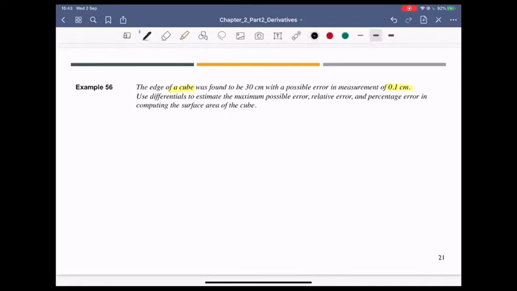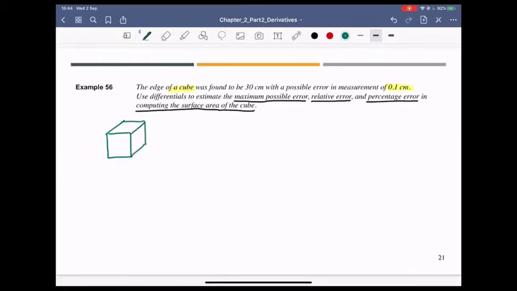We want to use differentials to estimate the maximum possible error, maximum relative error, and maximum percentage error in computing the surface area of the cube. So first of all, you look at the cube you have. This is your cube.